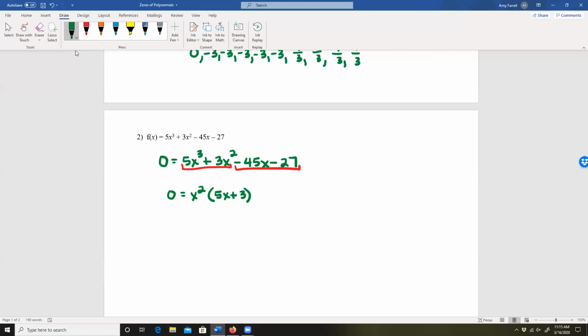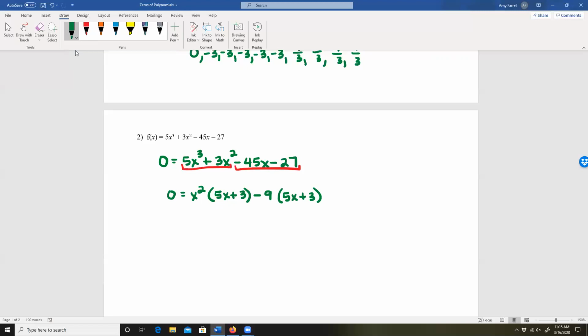Now from group 2, their greatest common factor is 9. I am going to actually have to pull out a -9 though, because I want this binomial to be the same as this binomial.